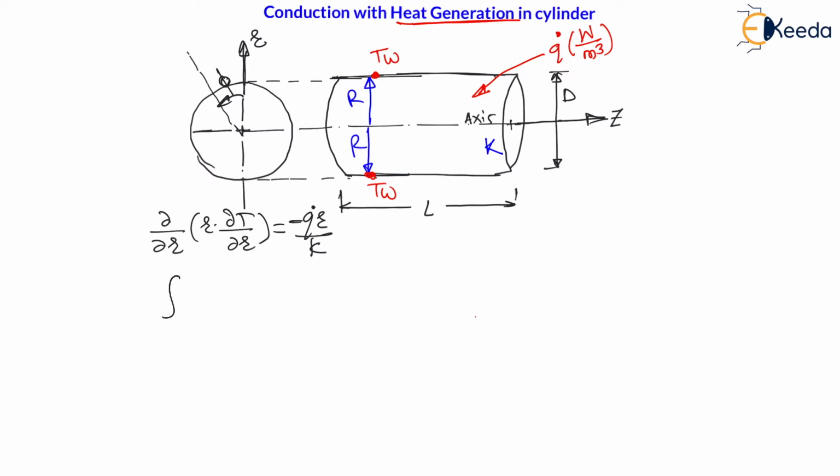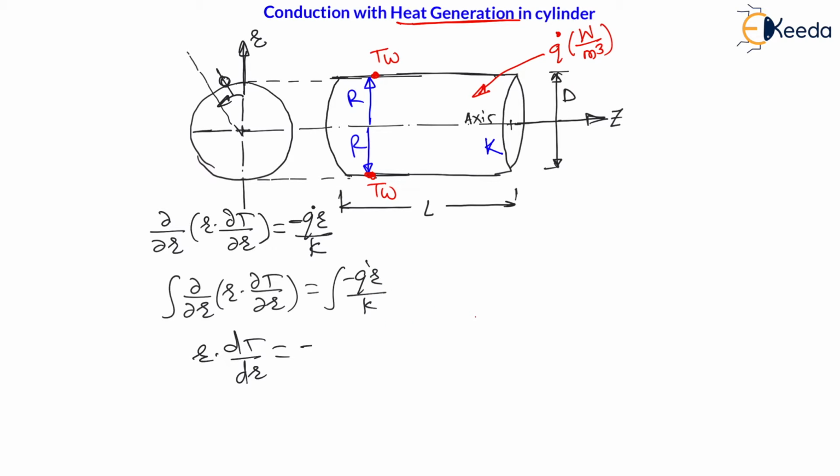Let us integrate. ∂/∂r of (r ∂T/∂r) is equal to the integration of minus q dot r divided by k. Now, my dear students, this integration and differentiation will get cancelled. Therefore r dT/dr is equal to, the integration of r will be r squared by 2, plus an integration constant c1. So it will be minus q dot r² divided by 2k plus c1, where c1 is the first integration constant.